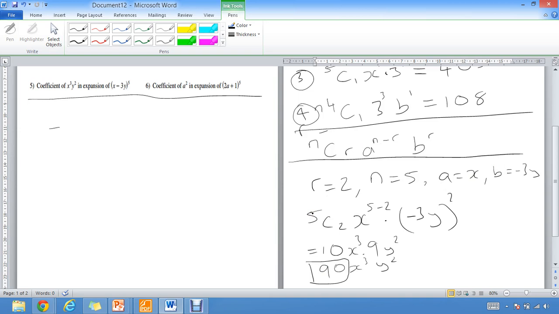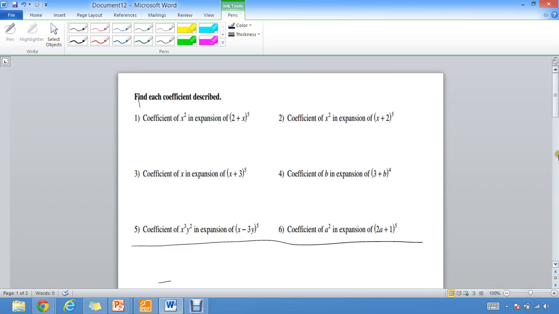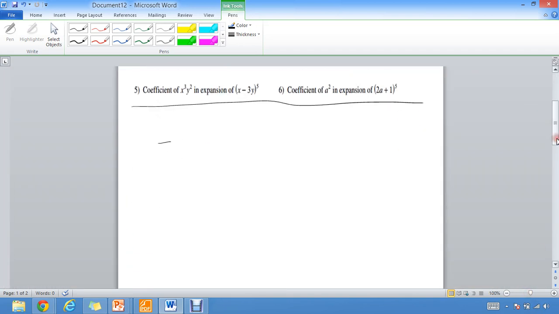Now number 6, you're looking at something slightly different. So you've got 2a now. Before we had the x, or just a b and so on, but nothing changes. So again, it's 5C2.